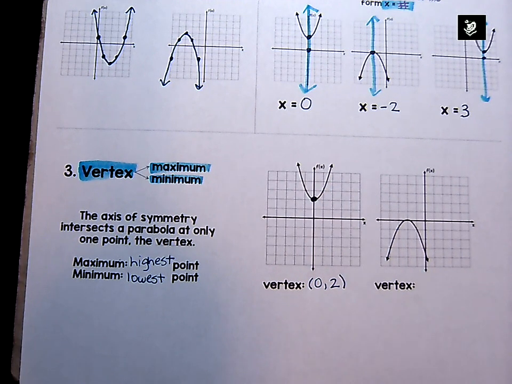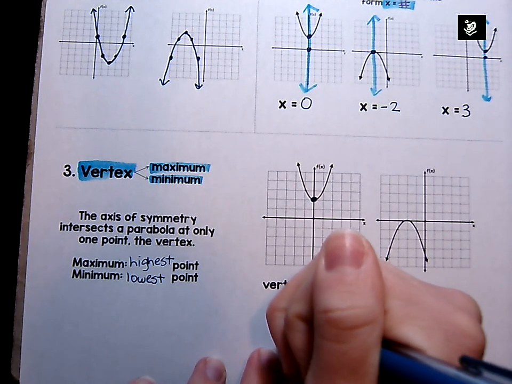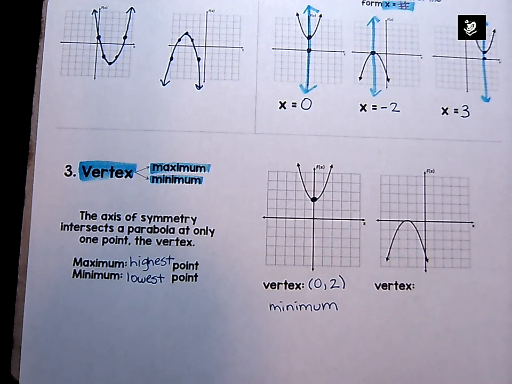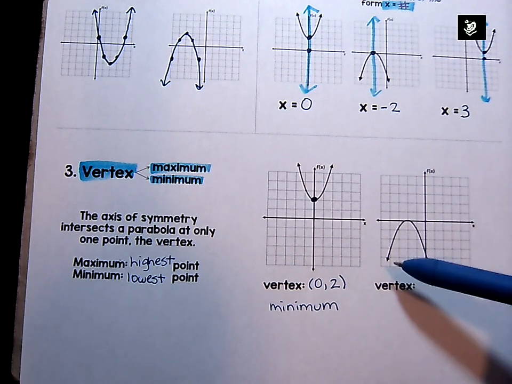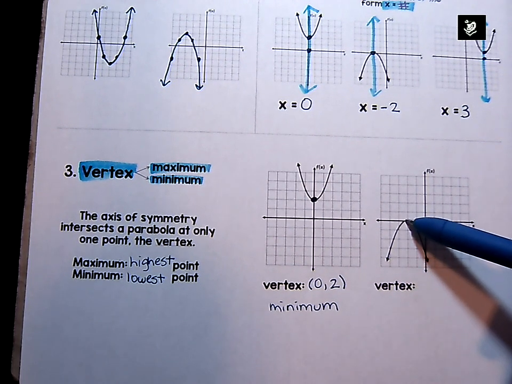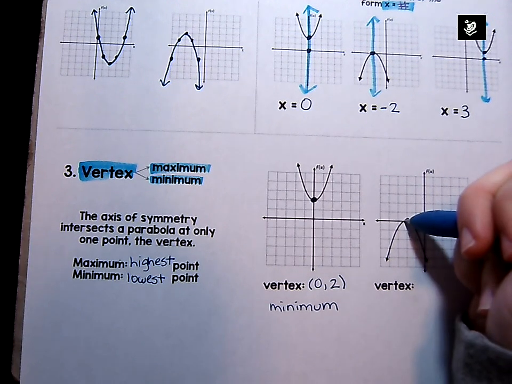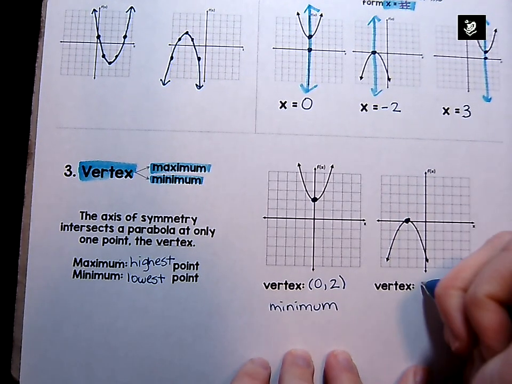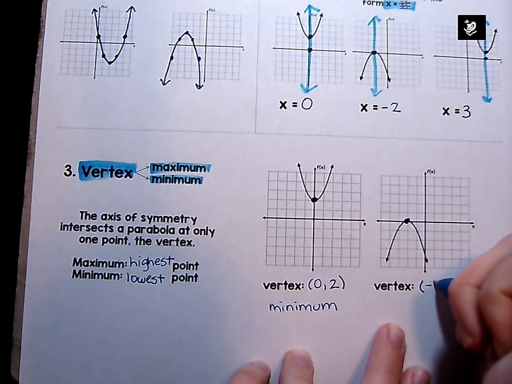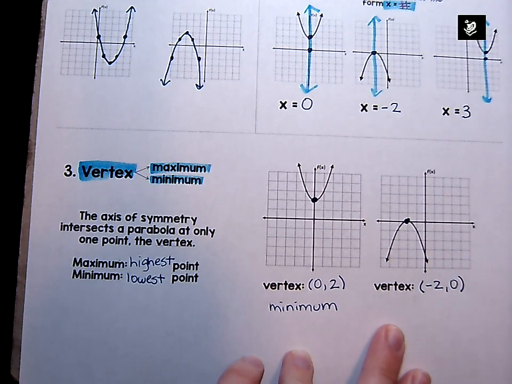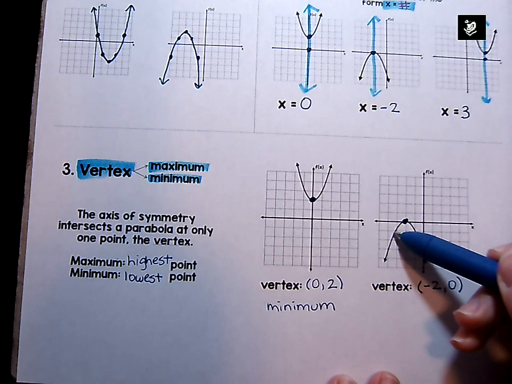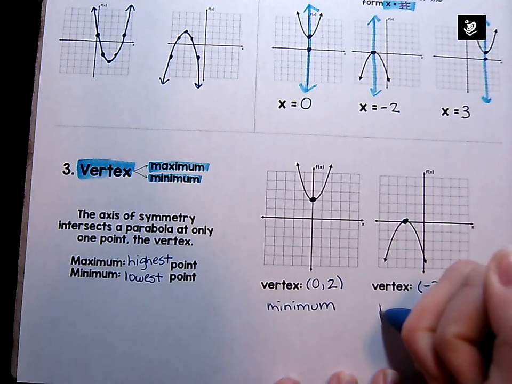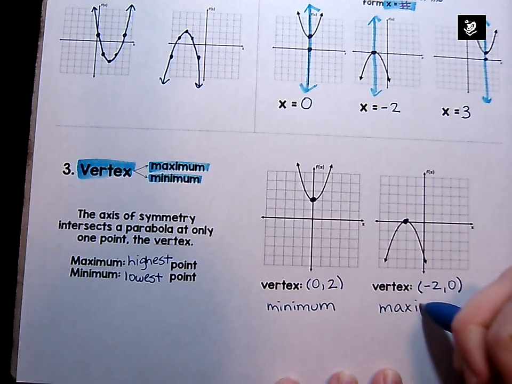Since it's the lowest point, we would call this a minimum. For the second graph, I'm going up, I'm going up, I'm going up, I'm stopping, I'm turning and I'm going straight back down. So that would be my vertex, and that is the point -2, 0. Since it's going up, it's hitting its highest point and going back down, this would be called what? A maximum.